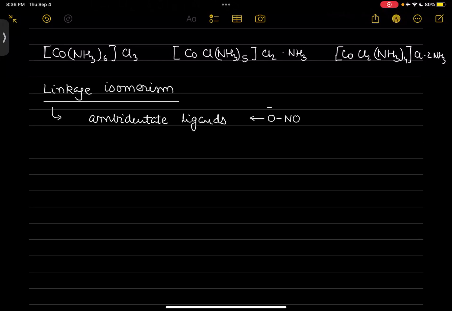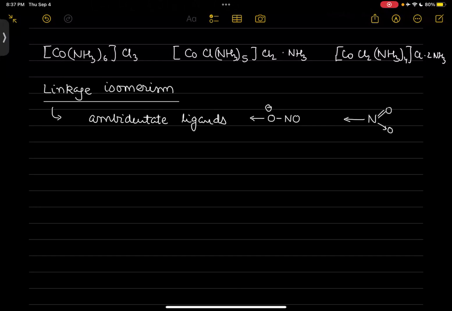The arrow from a particular atom indicates the bond. Or you can represent it in this way. Got it? So basically, the first one is nitrito-O and the second one is nitrito-N. Is it clear?